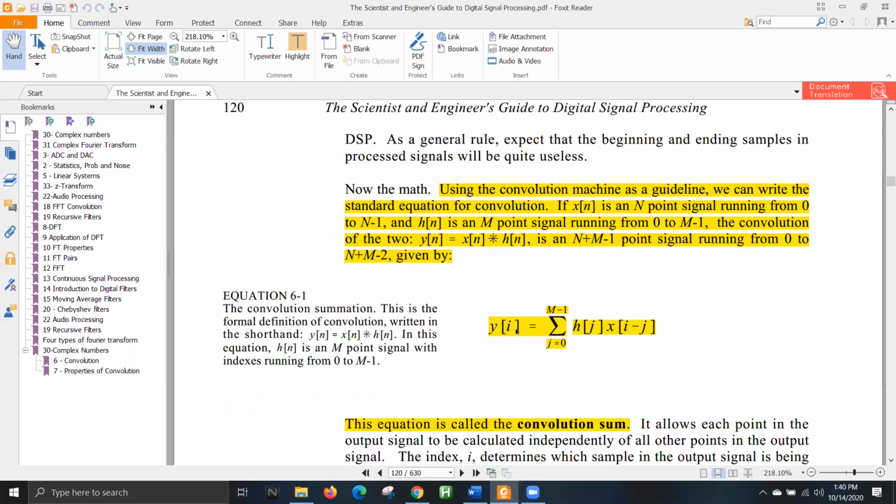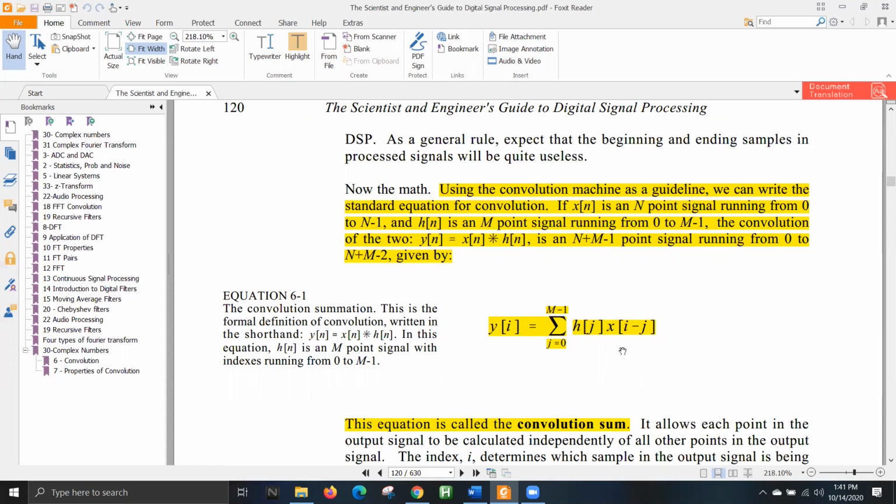So what does i run from? i runs from 0 to N plus M minus 2, and j runs from 0 to M minus 1. This equation is otherwise known as the convolution sum.